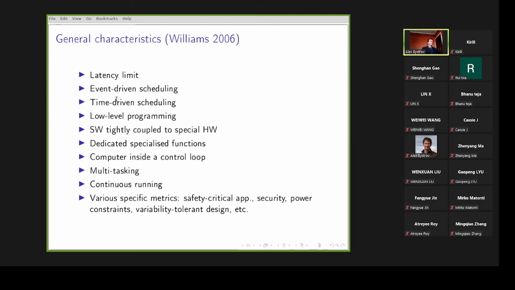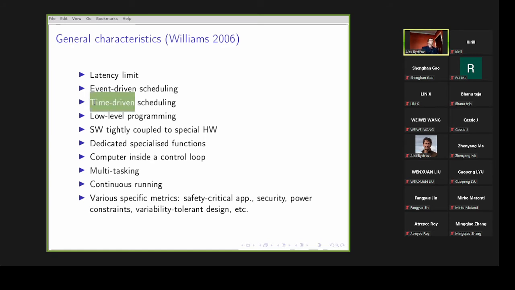Now, this control can be driven by events or by time. Events are those interactions with the environment. So there is a wire connected to some sort of a sensor. The sensor registers the data and gives the pulse, and suddenly the computer wakes up and processes the data. So it's event-driven scheduling.